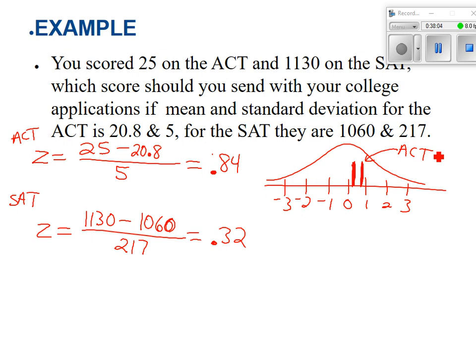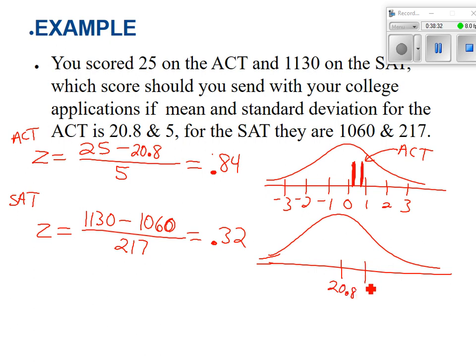Now, also don't forget, if we were going to draw just the standard curve for the ACT, we did this earlier this year. What number goes right there in the middle for the ACT? 20.8.